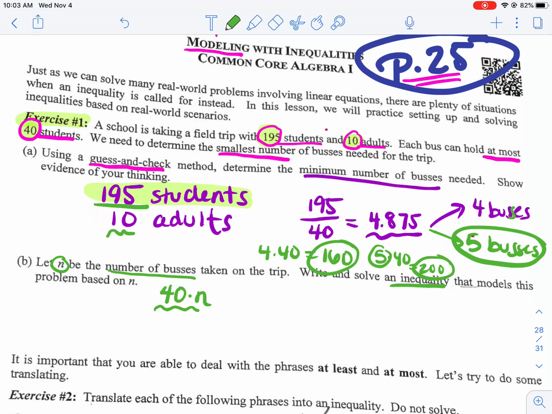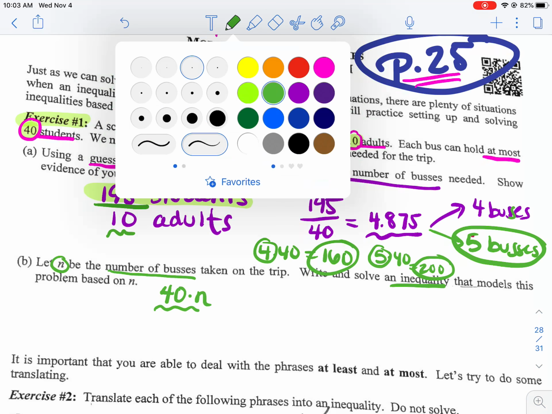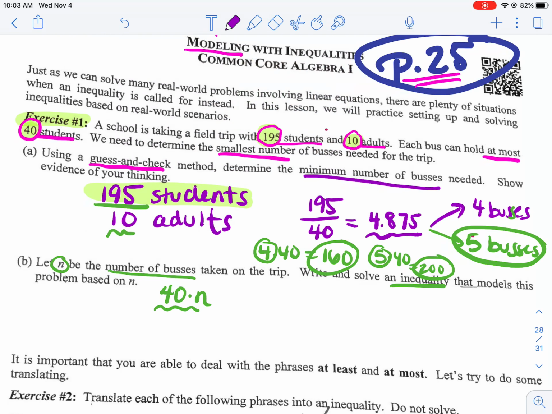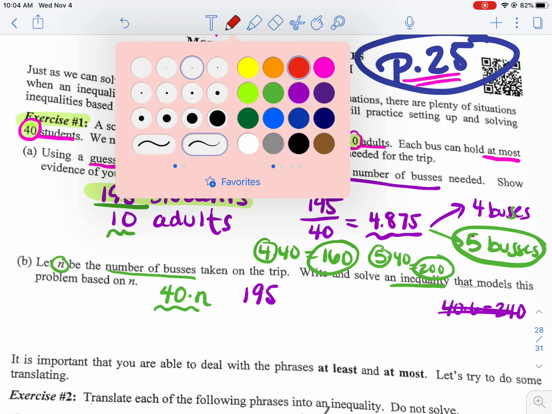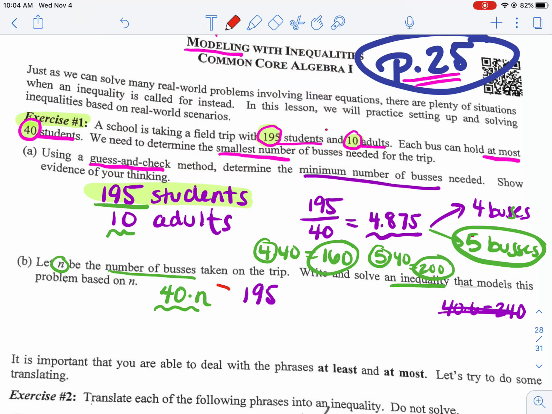We did 40 times 4 and 40 times 5, and we wanted that to be compared with 195 students, because say we had tried 40 times 6, that would be 240 students. That'd be too many, right? So we want to have something that is greater than or equal to 195.